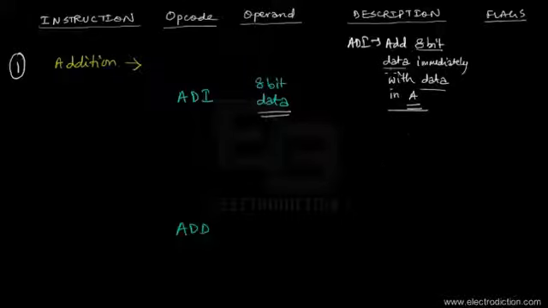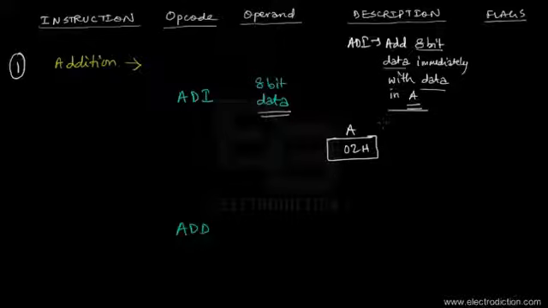Let's say we have the register A storing a data of 02H. That's a hex data.